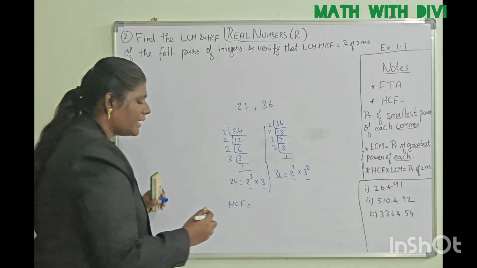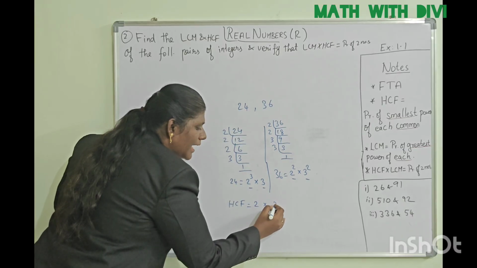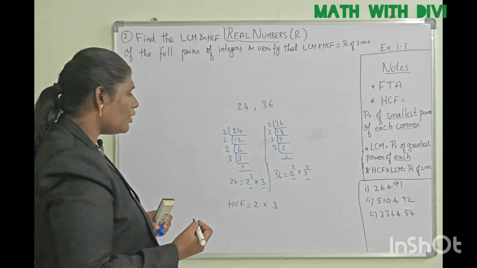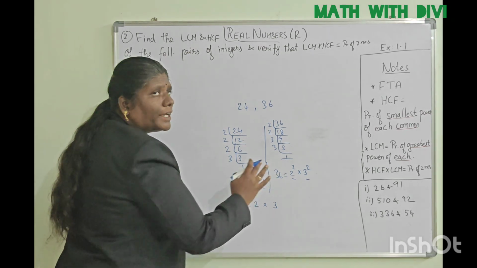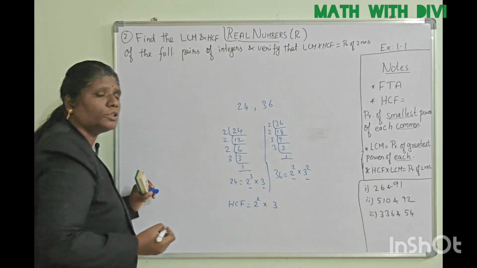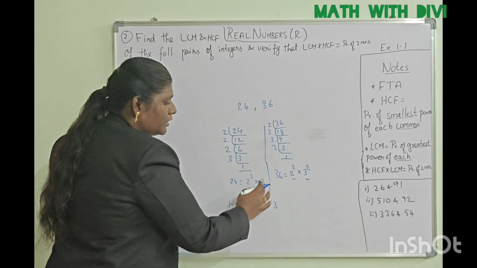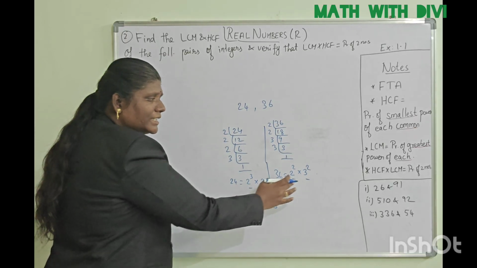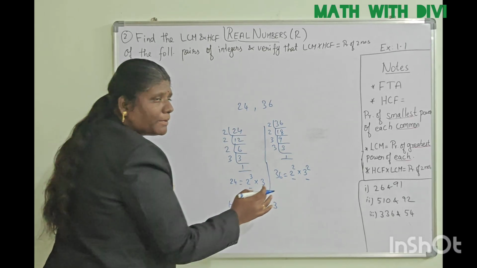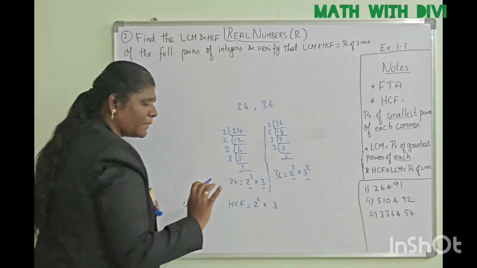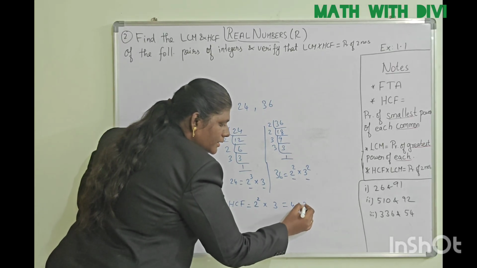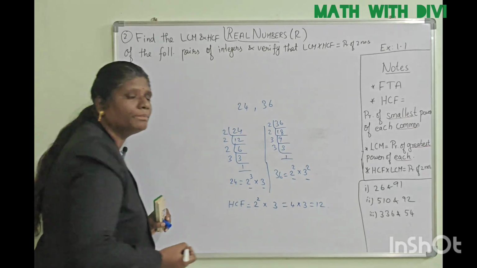So we have to choose the smallest power. 2 cube, 2 square, which is the smallest power? Square is the smallest power, right? So 2 square into, this is also a common factor, which is the smallest power? 3 power 1 or 3 power 2? 3 power 1 is the smallest power, let it be. Now 2 square is 4 into 3 is equal to 12.